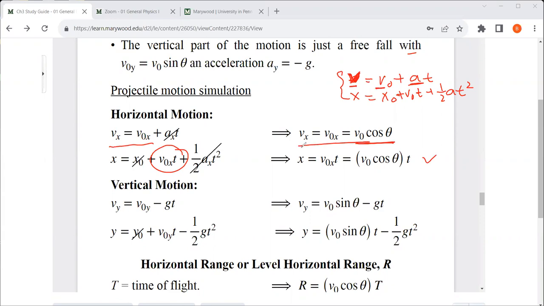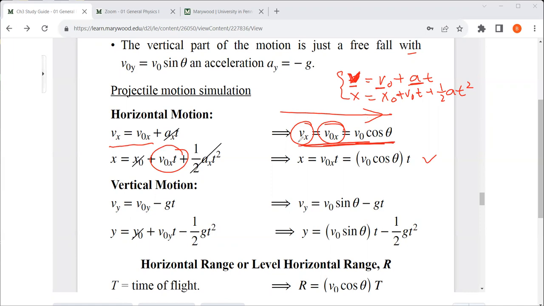Now this equation tells us that there is no change in the horizontal velocity. So you see that at any later point the velocity will be equal to the initial velocity. Along the horizontal direction, there is no change in the velocity.